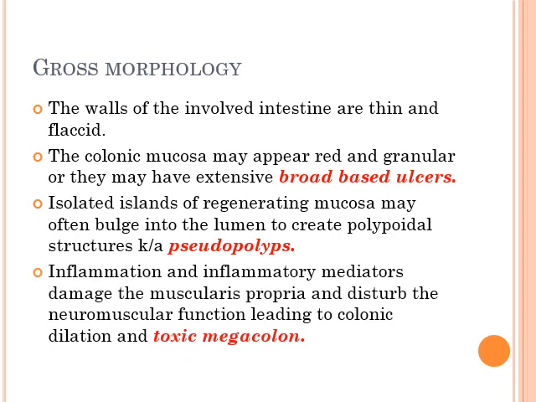Now the inflammatory process, along with the inflammatory mediators, will damage the muscularis propria and may also disturb the neuromuscular function, leading to colonic dilation and toxic megacolon. So toxic megacolon is a complication which occurs in patients suffering from ulcerative colitis.